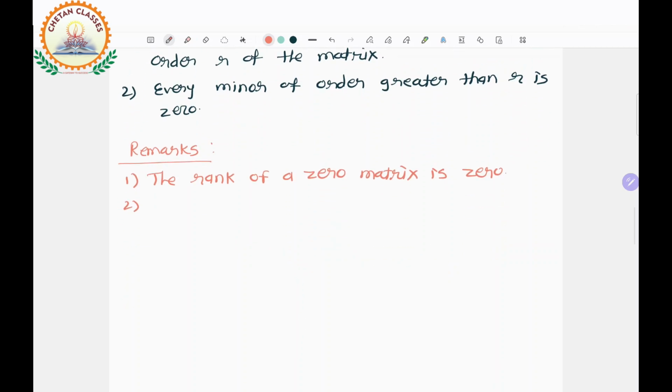Second, the rank of a non-singular square matrix is equal to the order of the matrix.